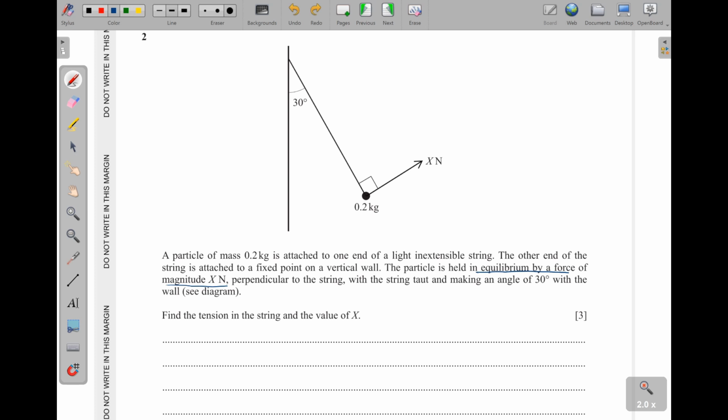Now we are supposed to put the forces that are acting on this particle. This being a string, for it to be taut, it must have a tension within it. And this particle has mass which acts directly downwards, the weight, which is 0.2 g.